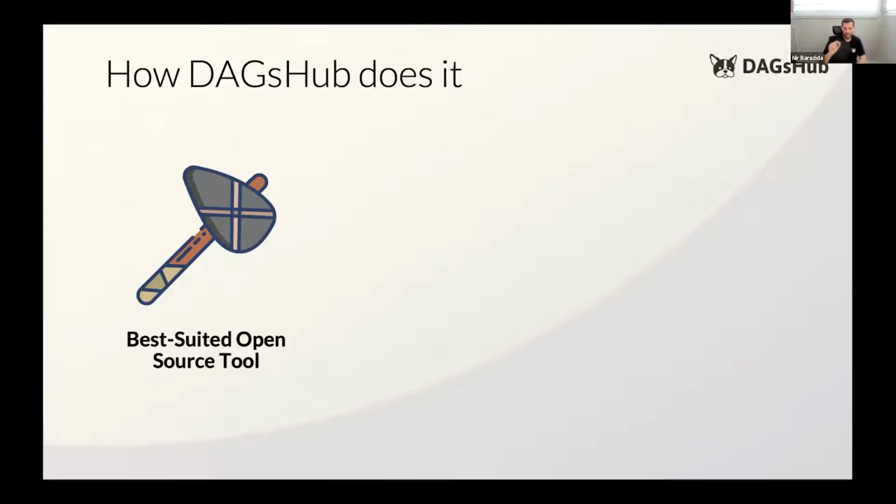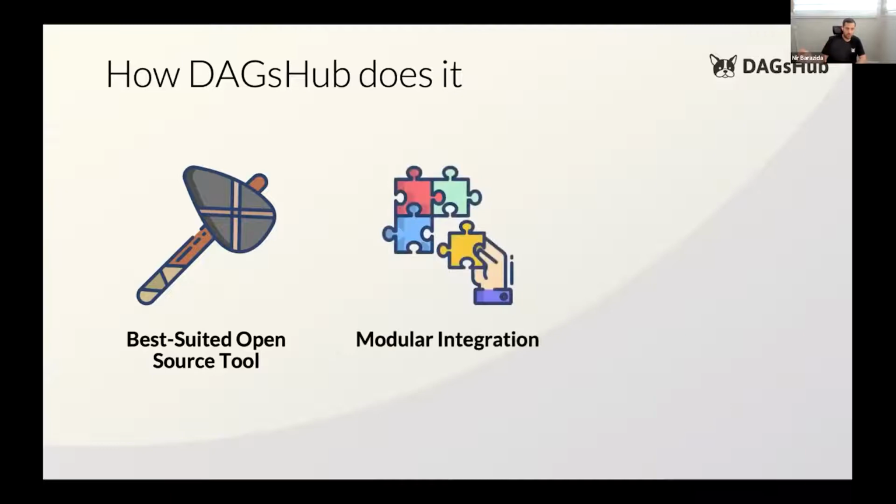Once we find the best tool that fits that challenge, we integrate it into the platform in a modular way that won't force you into using it, but you'll be able to choose if you want to use that tool or not use it if it's not relevant for you. So let's say you just want to version your data and you don't have any use for data annotations.